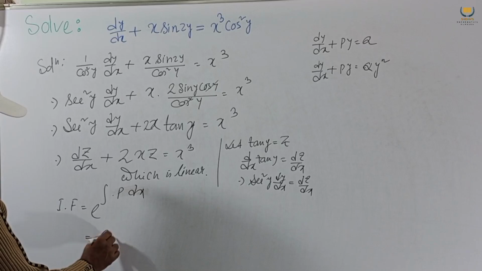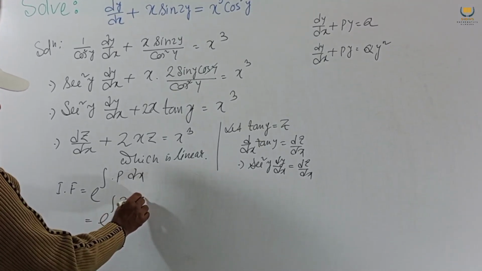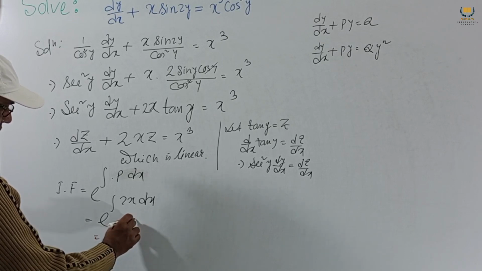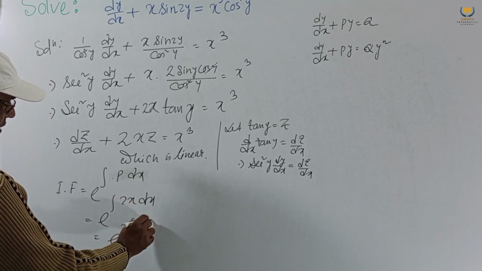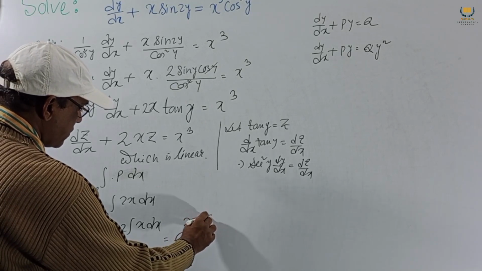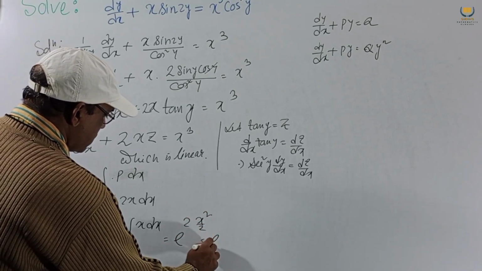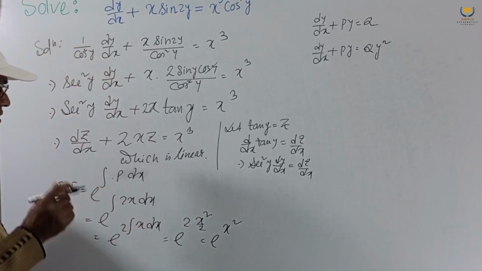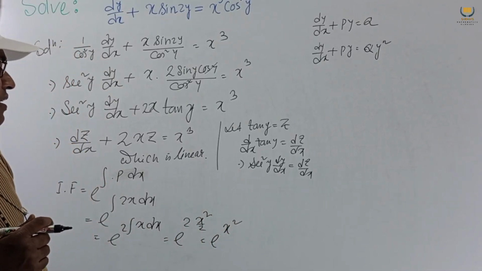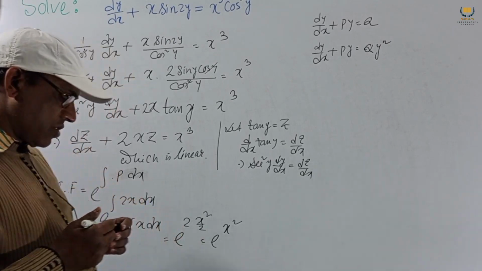The integrating factor is e to the power integral of P dx. Next this is e to the power integral of 2x dx, with 2 constant outside, integration of x dx is x square by 2, so we get the integrating factor equal to e to the power x square. Now we have to find the general solution.